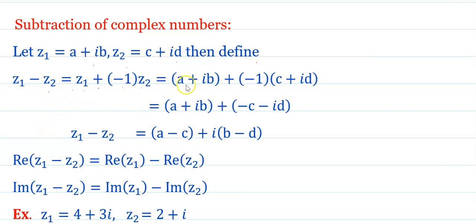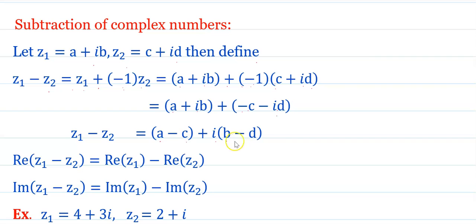Therefore, the first complex number is A plus IB plus minus 1 into C plus ID. Open the bracket. Minus 1 into C, minus C, minus 1 into ID, minus ID. Next, collect the real part. A minus C. This is the first. IB minus ID. Take I as a common.